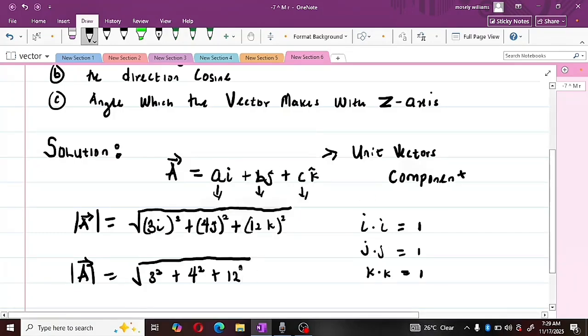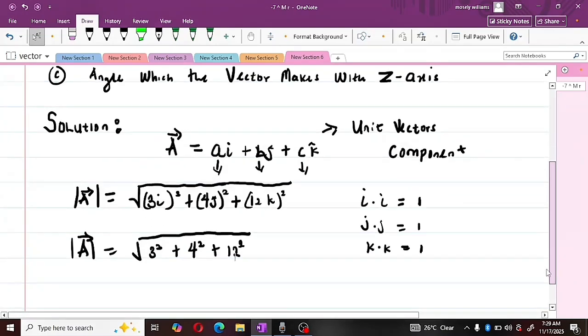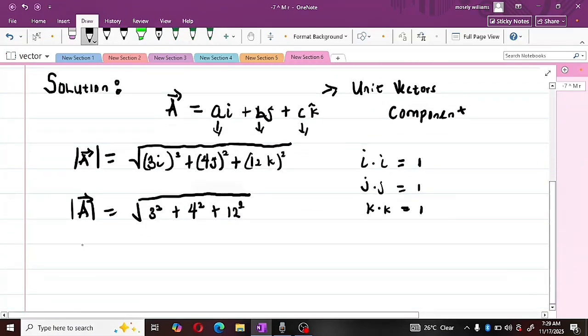Now, having this, we'll be having the magnitude of our vector A to be equal to the square root of 3 raised to power 2, which is 9, plus 16 plus 144.